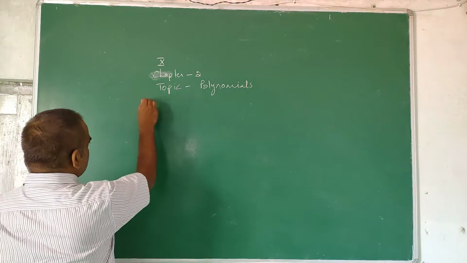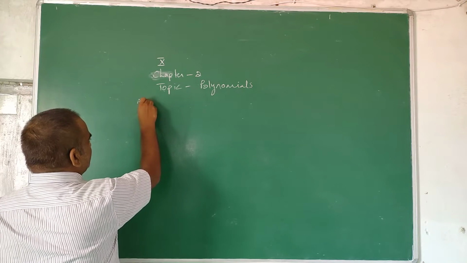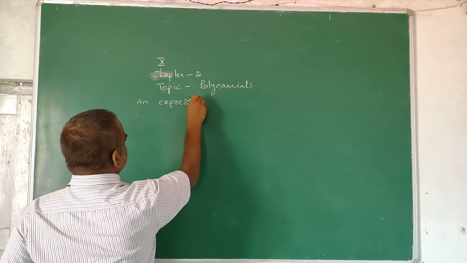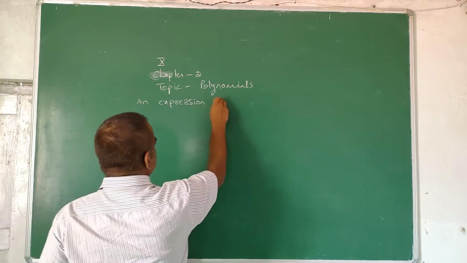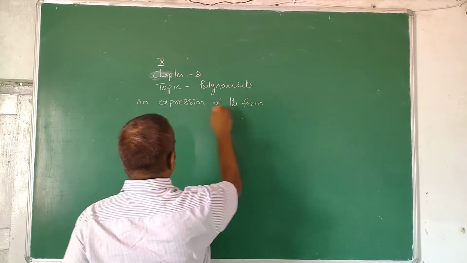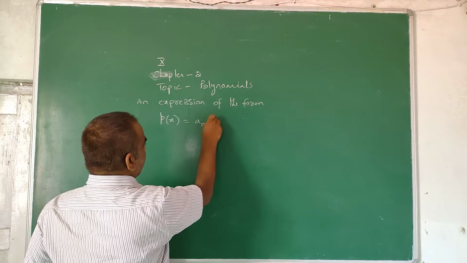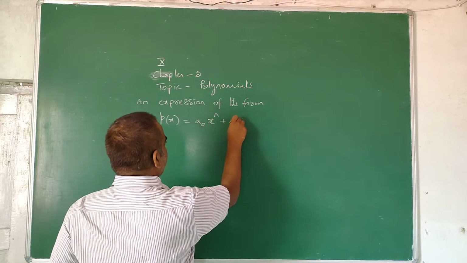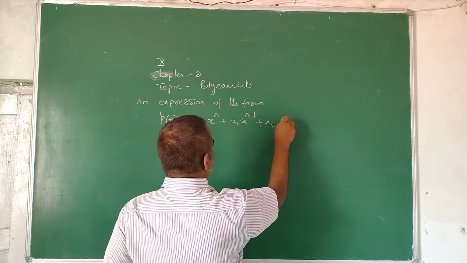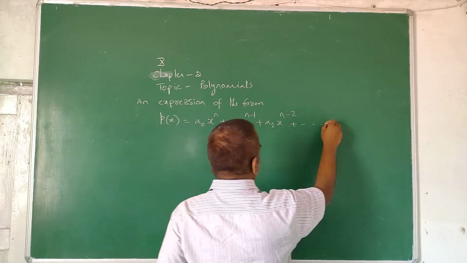So, an expression, definition I am giving for polynomial, an expression of the form P of x is equal a naught x power n plus a1 x power n minus 1 plus a2 x power n minus 2 plus and so on plus an.